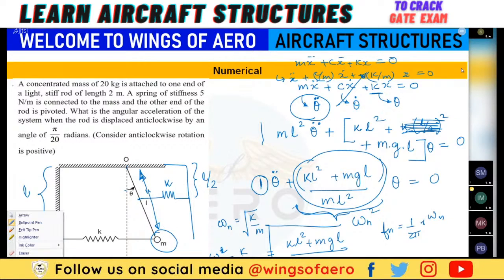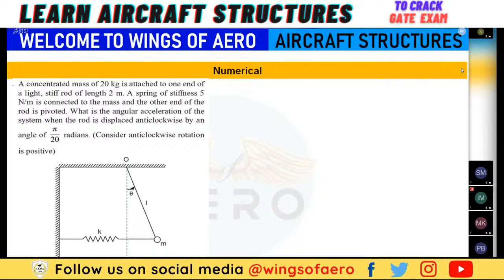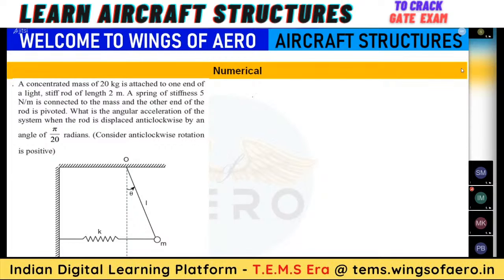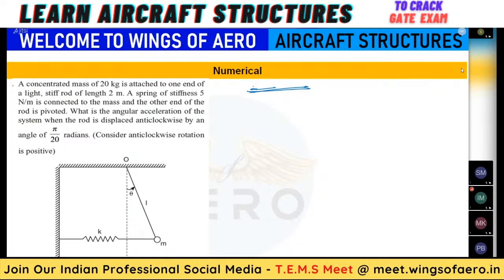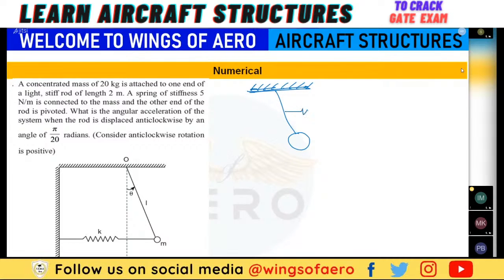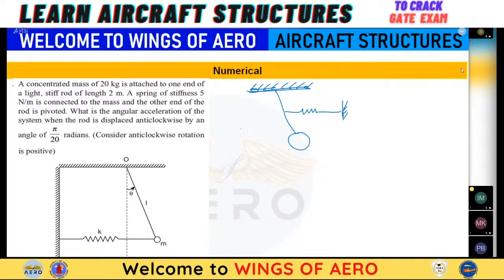In the same kind of thing, they can ask you a problem in this way also. This is a fixed one. They have one kind of rotating mass. From this point we have one spring, and at another end you have another spring.